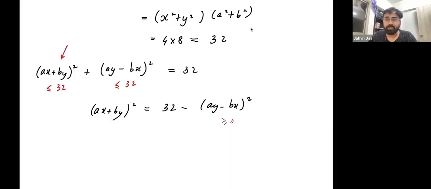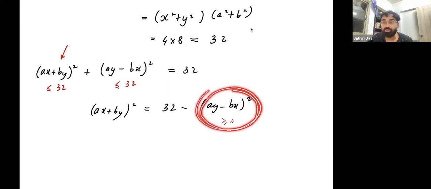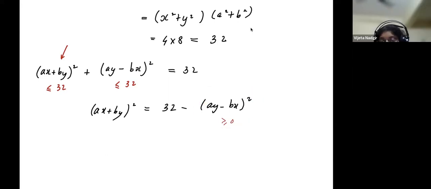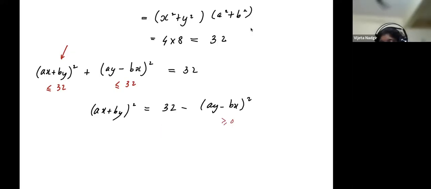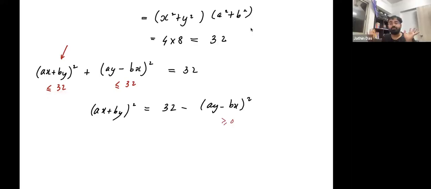You can see, right? So I took it to the other side. Now you know this is greater than or equal to 0. So 32 will be the maximum value. After that, it will start decreasing. That's why it is less than 32. Both will be less than 32 actually.